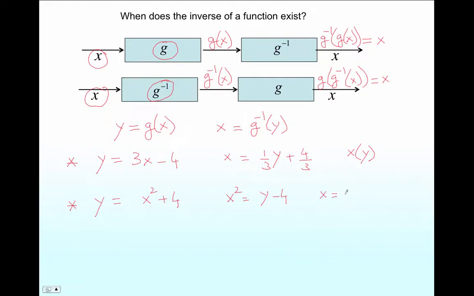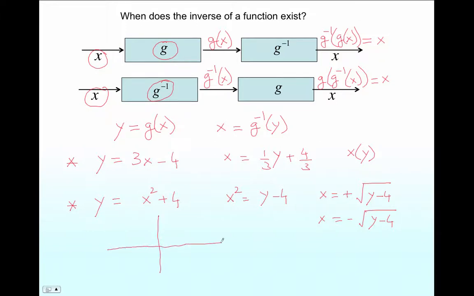Either x can be the positive value of the square root of y minus 4, or x can be the negative value. And now you see that we have a problem, because a given value of y will lead to two different values of x.